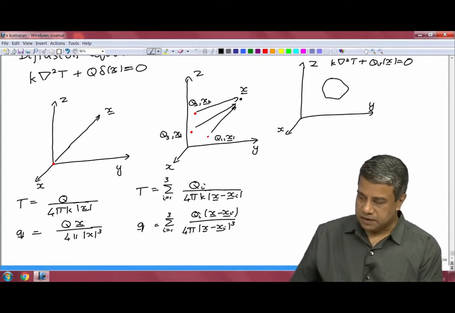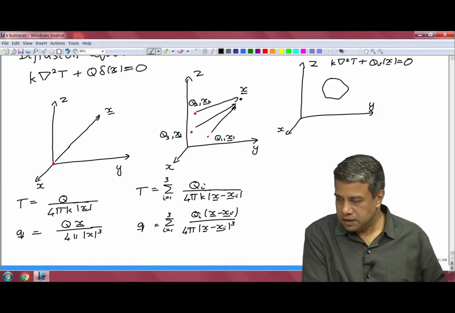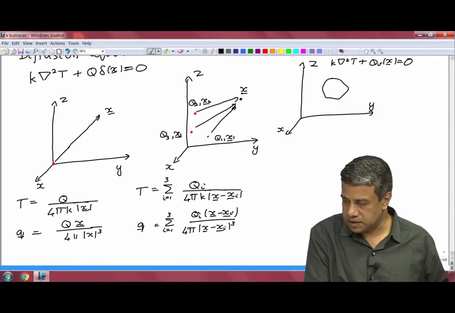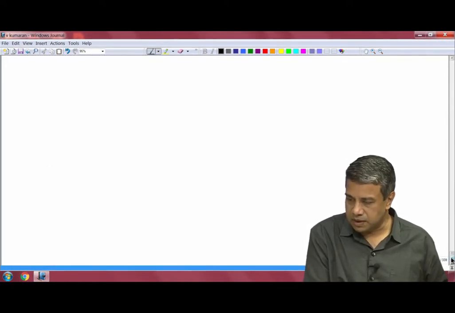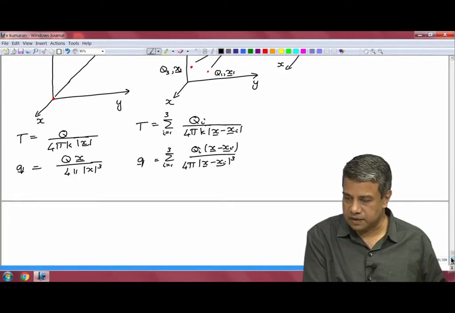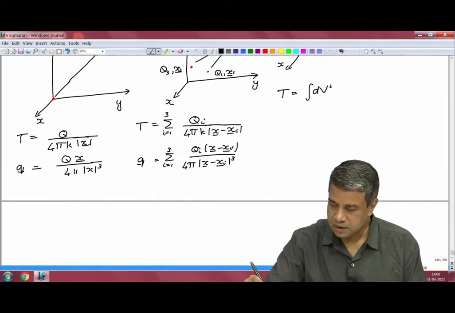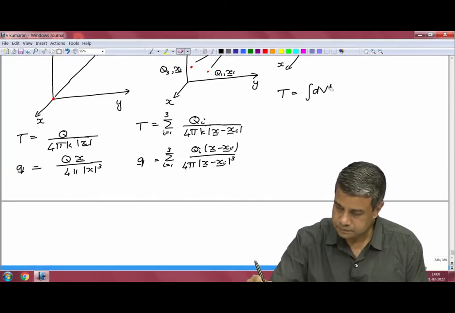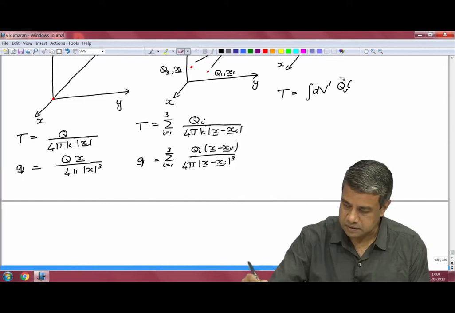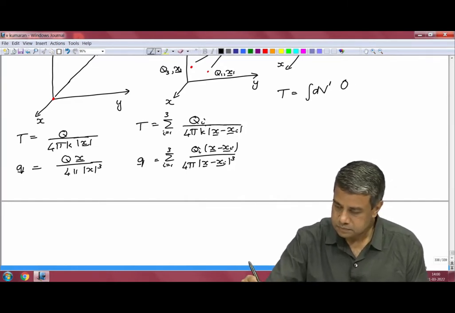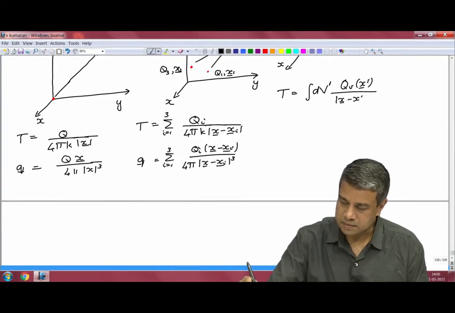So, if you have a distributed source of that kind, the solution is just the continuum equivalent of the temperature field for a discrete source, that is T is equal to integral dV prime of the volumetric source of x prime by x minus x prime the whole cubed.